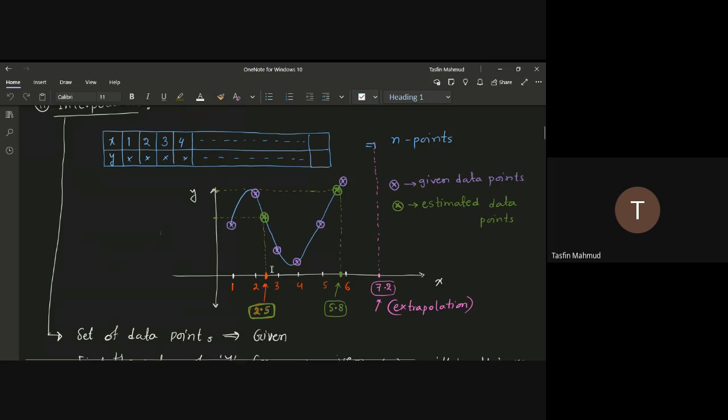Here we have the value of y for x equals 2, and for x equals 3. But if we are asked to find the value of y at x equals 2.5, then we will apply the technique of interpolation.